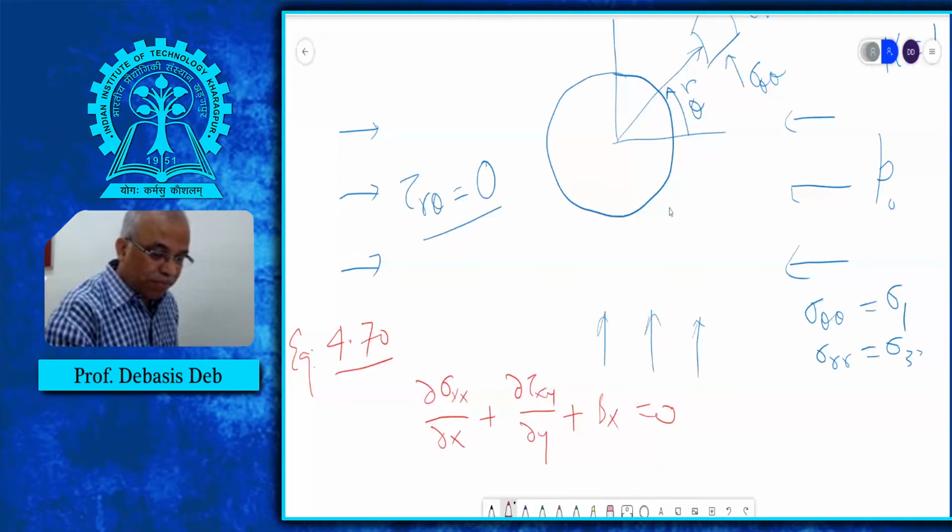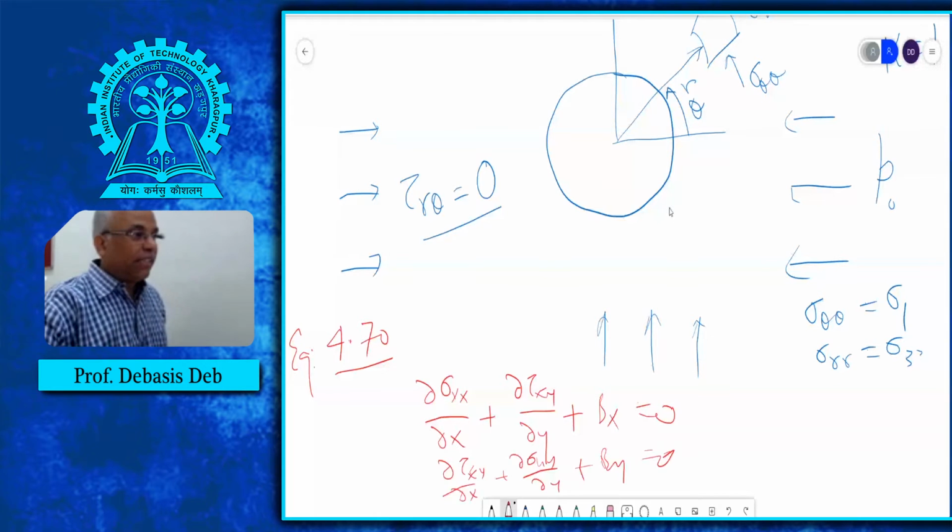Then del tau xy by del x plus del sigma yy by del y plus by is 0. This was in the Cartesian coordinate system, right? Now, if we convert this into polar coordinate system, because now we are using polar coordinate system, that is in the equation 4.70.